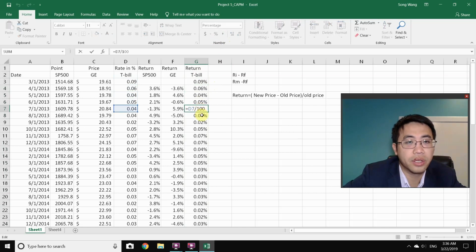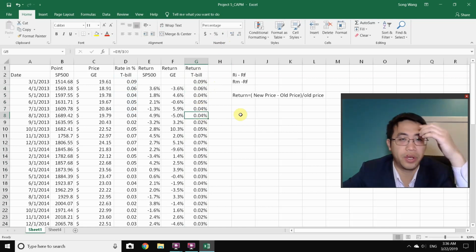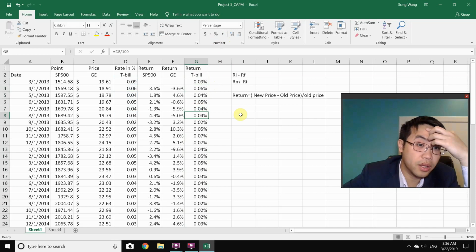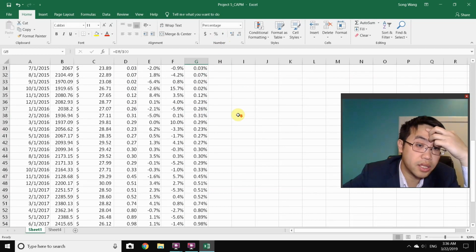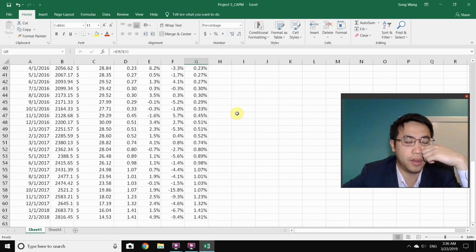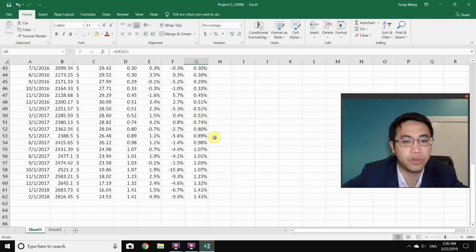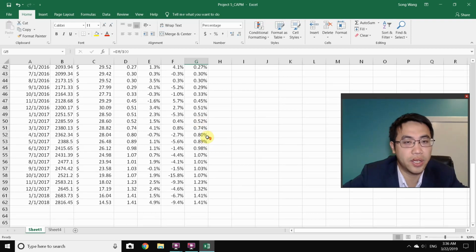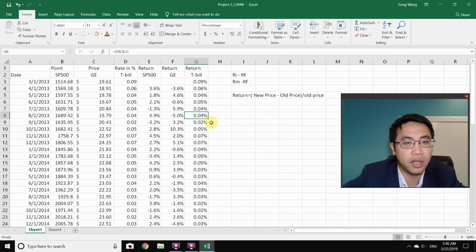Okay, these are the annual returns. Well, you can see that the Treasury bill return is actually increasing, and the thing is, if you use this annual return, then you have to make the returns for the stocks in the market also in annual terms.